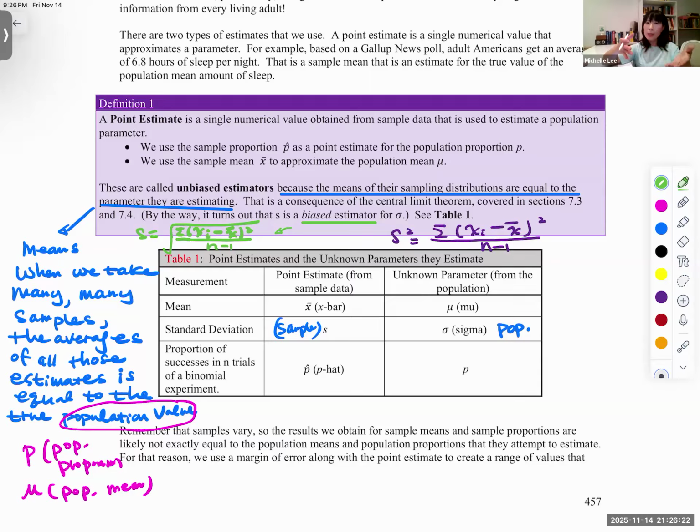And if we use n-2, then it's an overestimate, right? So n-1 was the best estimation. Okay, now we understand that it is unbiased.